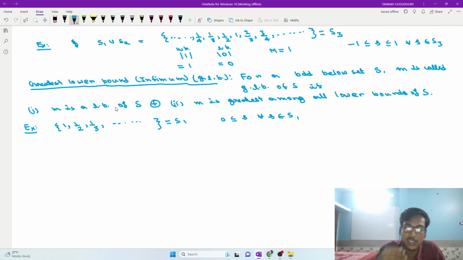The first criterion is satisfied. Now to satisfy the second criterion, that M is greatest among all lower bounds of S, consider anything greater than 0 and check whether it is possible for that element to be a lower bound or not. Or in other words, to show that 0 is the greatest lower bound, we will show that anything greater than 0 fails to be a lower bound. That will assure that 0 is the greatest lower bound.